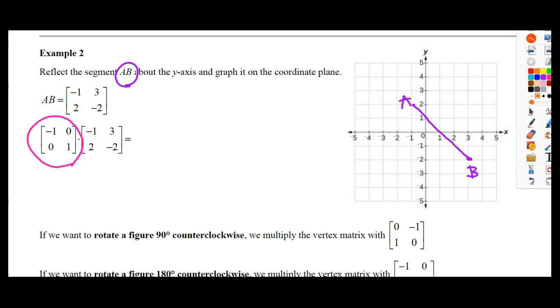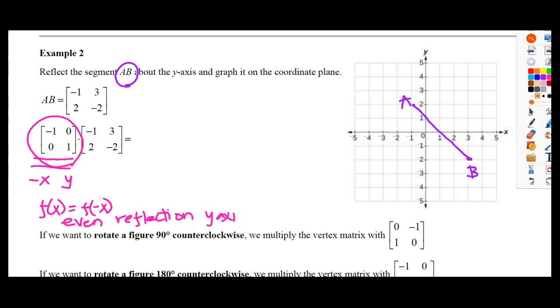Here in pink, this is the transformation that is being applied to those 2 points. Before you multiply, just analyzing this, it looks like x was negated and y was left by itself. So remember in our previous lesson where we had f of x equals f of -x, this is an even function, a reflection about the y-axis.